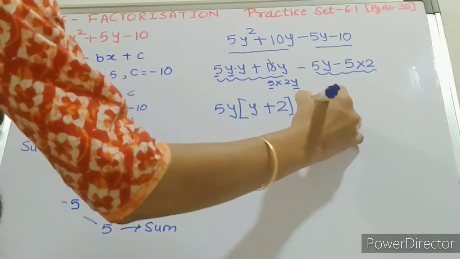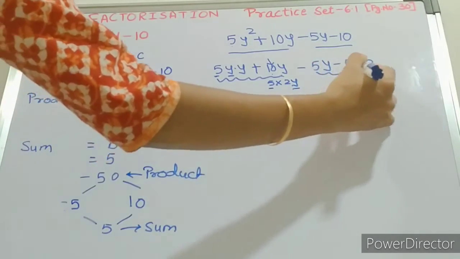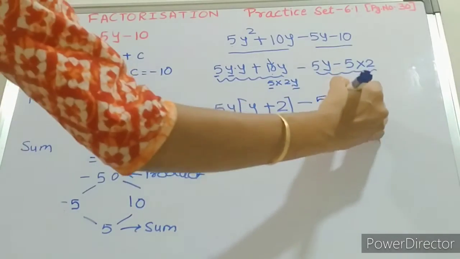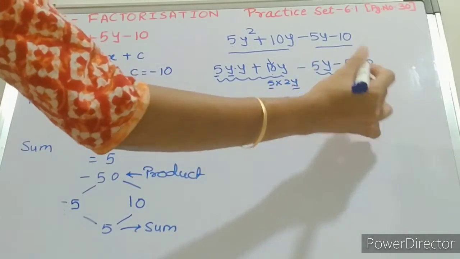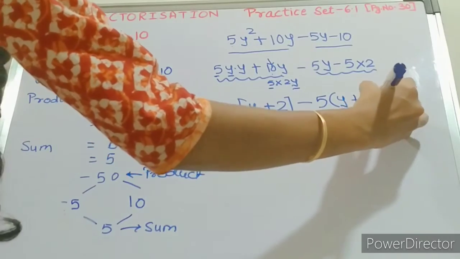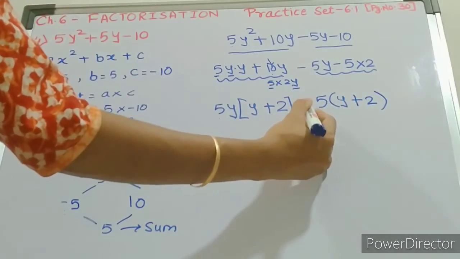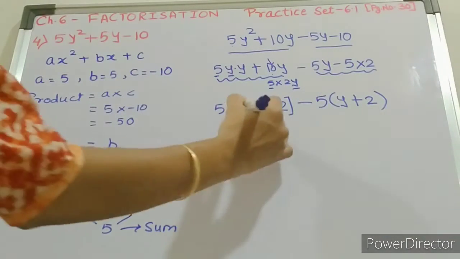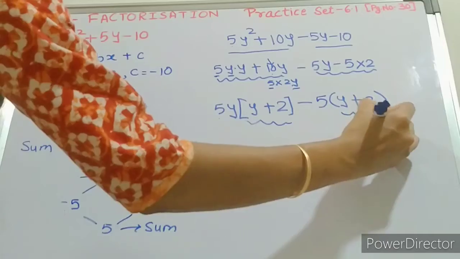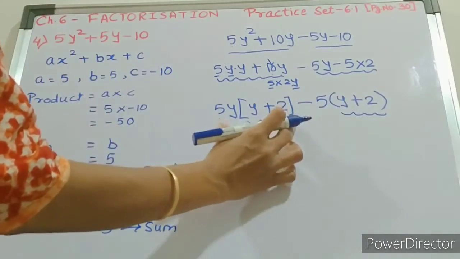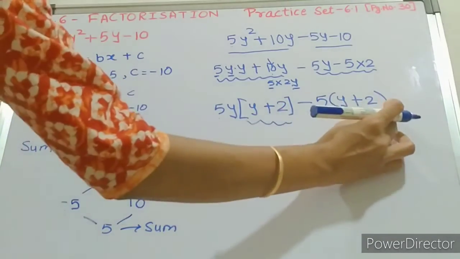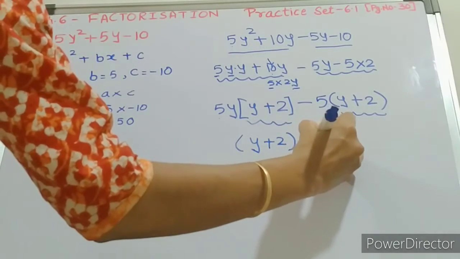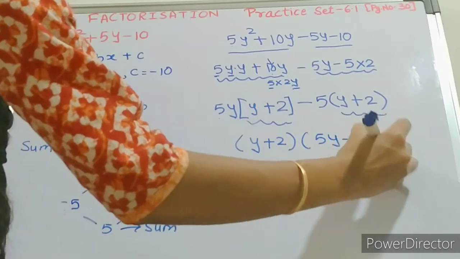Now next is minus 5y minus 10. I have to take 5 as a common factor from these two, and within the bracket y plus 2, because I have taken minus 5 outside. So what is remaining? Plus 2. So y plus 2 and y plus 2 will be a common term from these two terms, and the remaining is 5y minus 5.